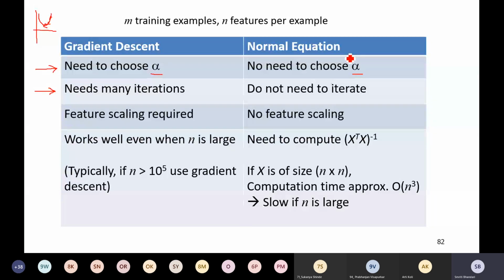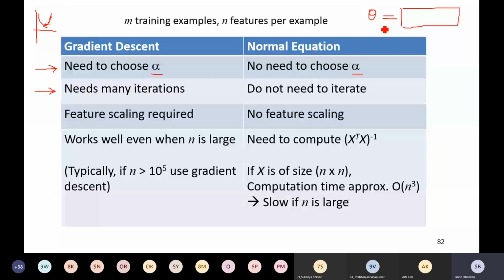But in normal equation, there is no need to iterate. This expression directly provides us the values of theta. Our expression is (X transpose X) inverse times X transpose y. Simply by computing this expression, it is possible to come up directly with the theta values. No need to iterate; at one go, we can find the theta value if we go with normal equation.